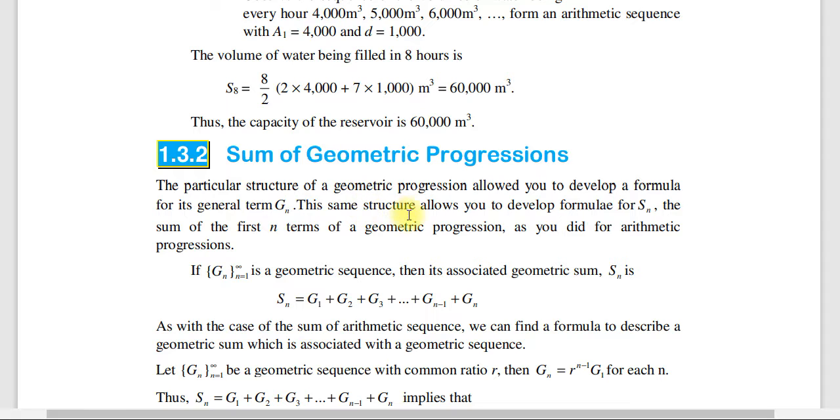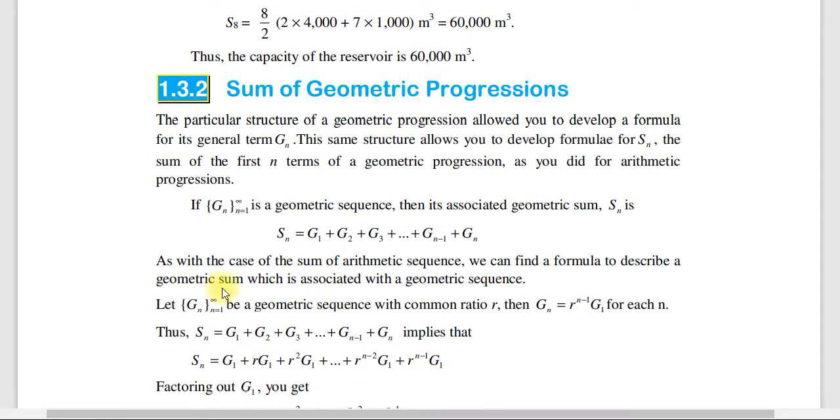This same structure allows you to develop a formula for Sn, the sum of the first n terms of a geometric progression, as you did for arithmetic progression. If Gn, n starts from 1 up to infinity, is a geometric sequence, then the associated geometric sum Sn is equal to G1 plus G2 plus G3 plus Gn minus 1 plus Gn, and it continues like that.